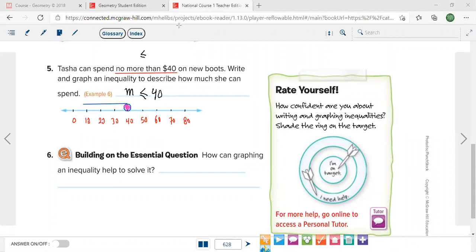Don't forget to make an arrow and to shade all the numbers to the left, till we reach 0, because we cannot spend money in negative.